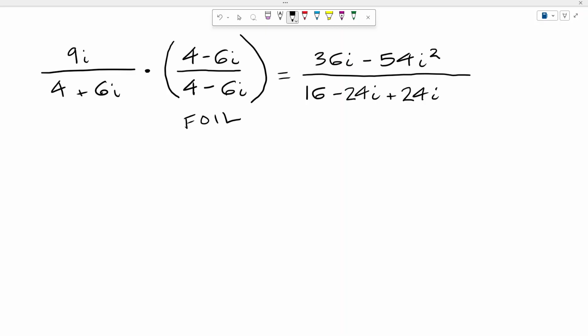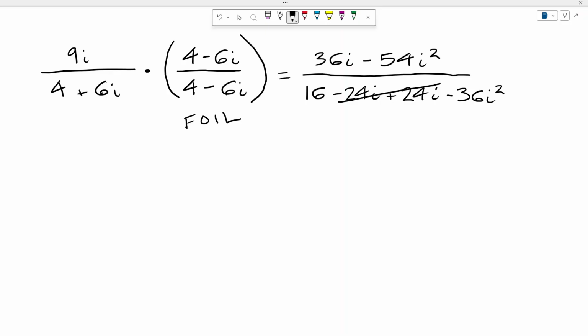And then the last terms, we have 6i times negative 6i, so that'll be negative 36i squared. And like we saw before, when we were multiplying, we're able to get cancellation here. Negative 24 plus 24, that zeroes out.